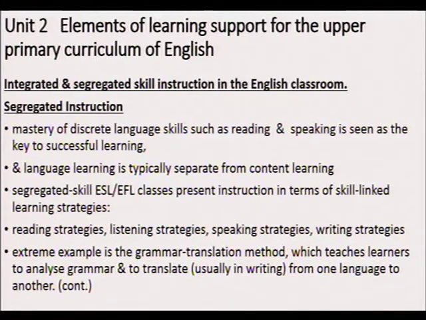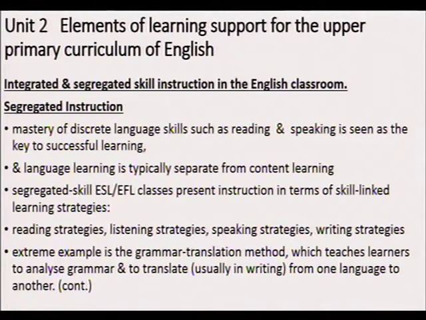When we have segregated skill English second language classes, it is presented in terms of skills that are linked with learned strategies. For example, reading strategies, listening strategies, speaking strategies, and writing strategies.